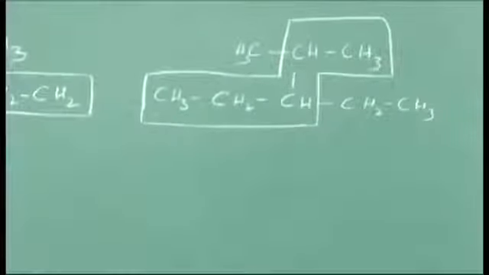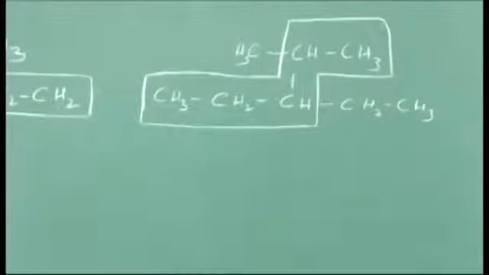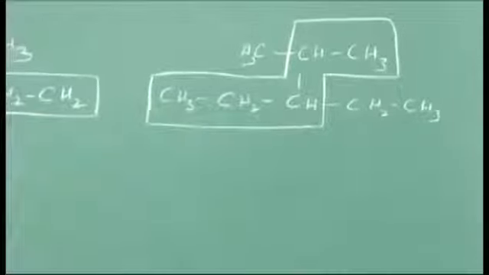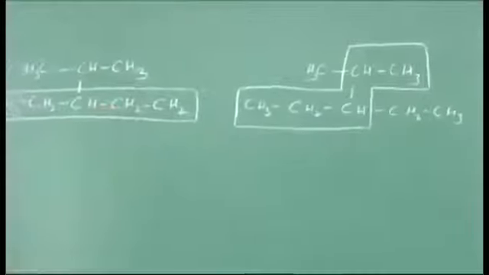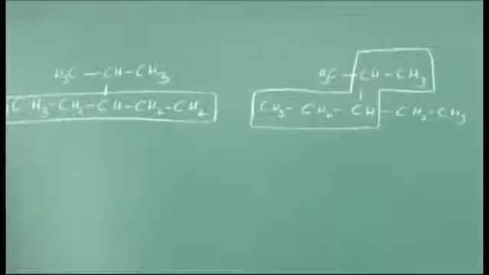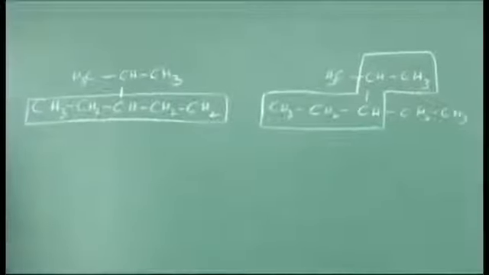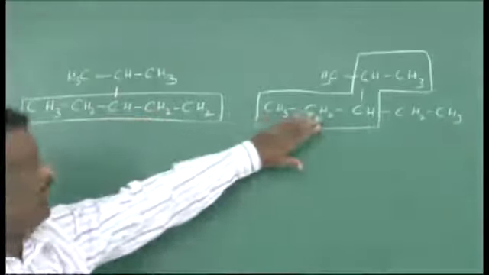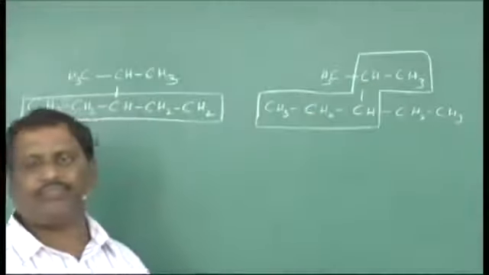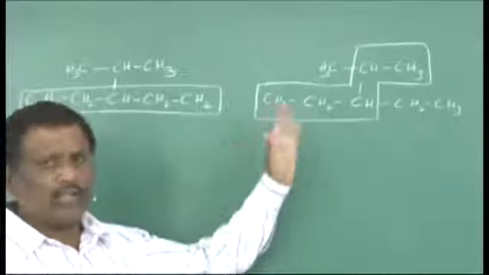For this compound, there are two possibilities for the main chain. Both have the same number of carbon atoms. Here I have 5 carbons, there also I have 5 carbons. So I can take any one like this.